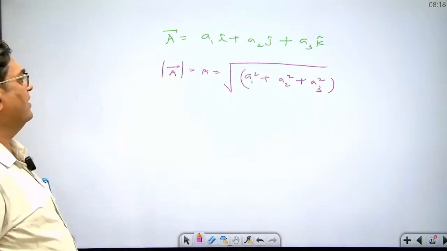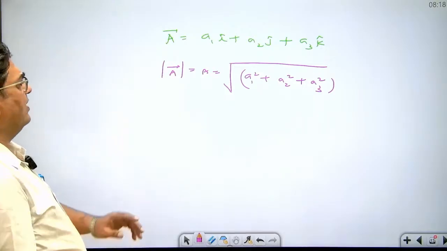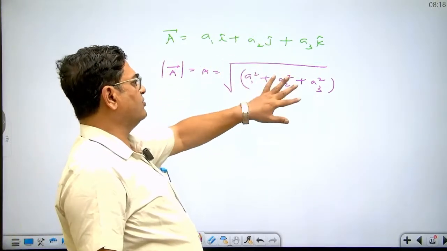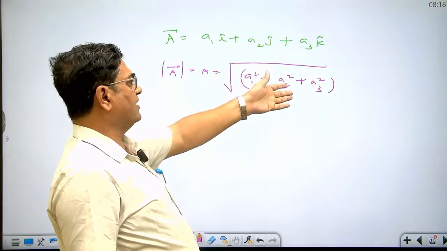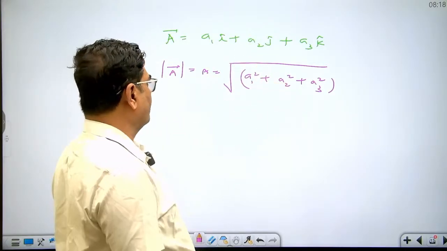Okay, this will be the magnitude of the vector. If any coefficient is negative, then also no problem. When you make a square of the negative, it will automatically become positive.